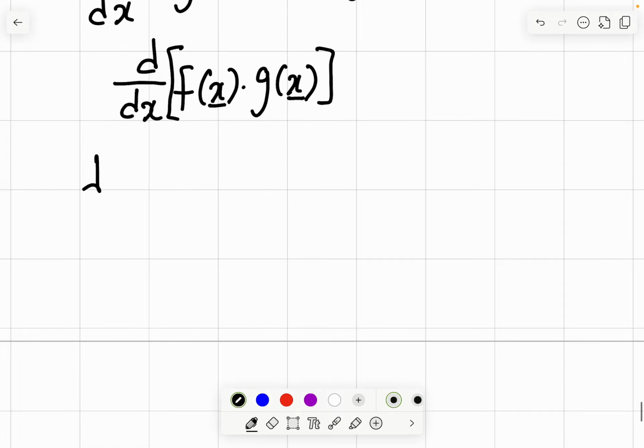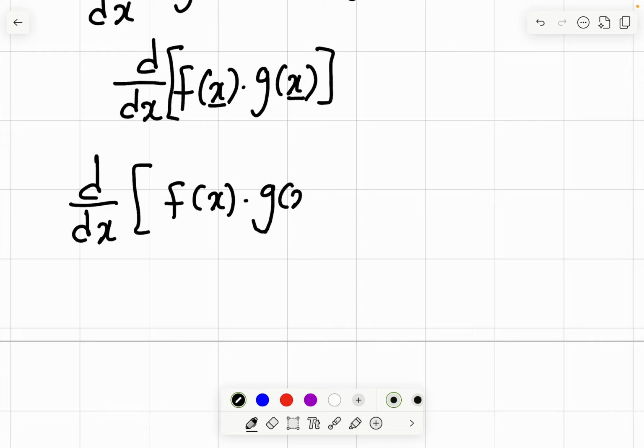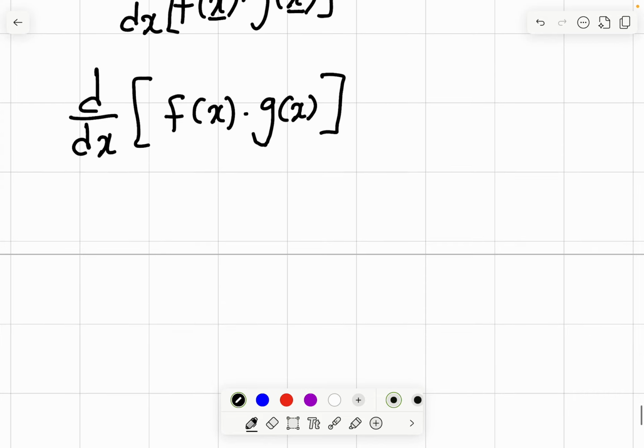You are going to write d over dx of f of x multiplied by g of x. The moment you start deriving, you leave that thing alone.